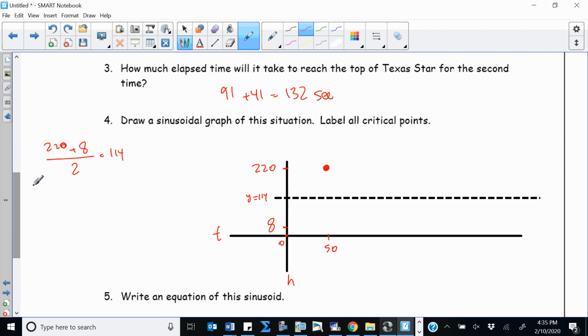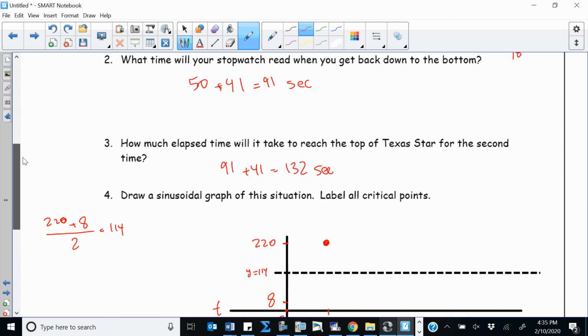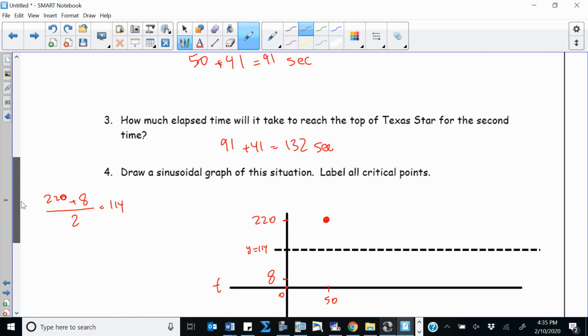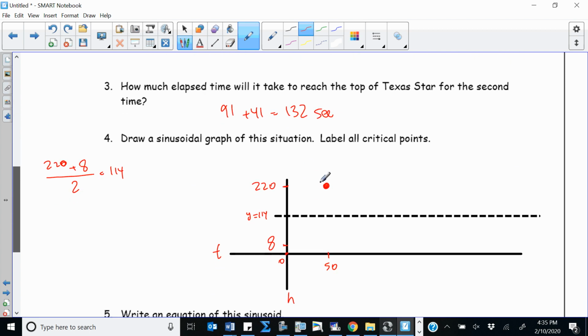Then we know that the period of this function is 82. Why? Because here it says it takes 82 seconds for one revolution. That means one period. And we know that on the graph, the distance between two high points is one period. So let's say this is one high point.